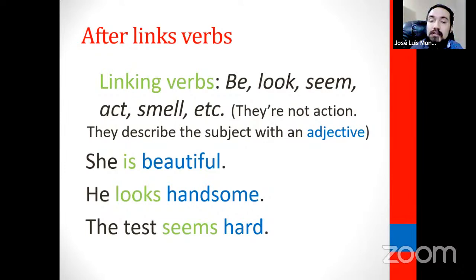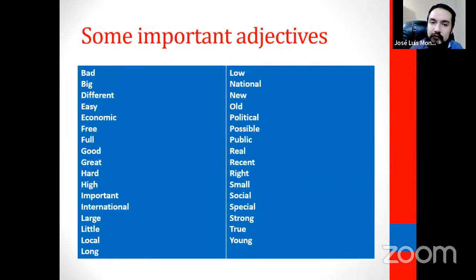All right, so as we can see, the adjective can be used after a linking verb. That's the second one. Here we have some adjectives that we can use. Again, it would be good for practicing, but all of them are adjectives. Bad, big, different, easy, economic, and on the second column you got national, political, public, social, small.